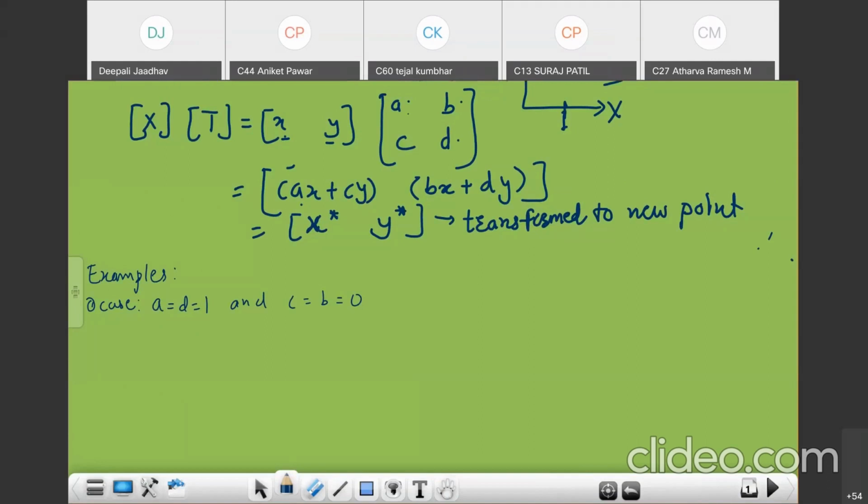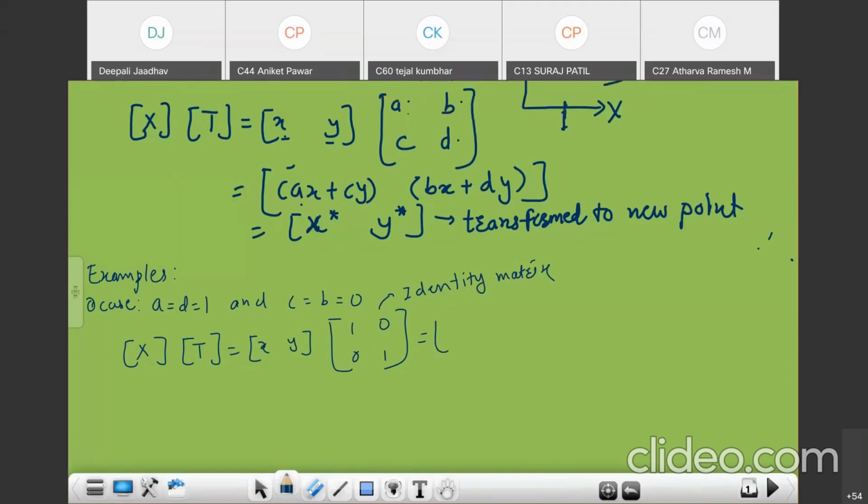Then the transformation matrix becomes the identity matrix. See how it is: X, Y multiplied with the transformation matrix, where both diagonals A and D are 1 and the off-diagonals are 0, 0. So when we multiply it, what happens in this case?